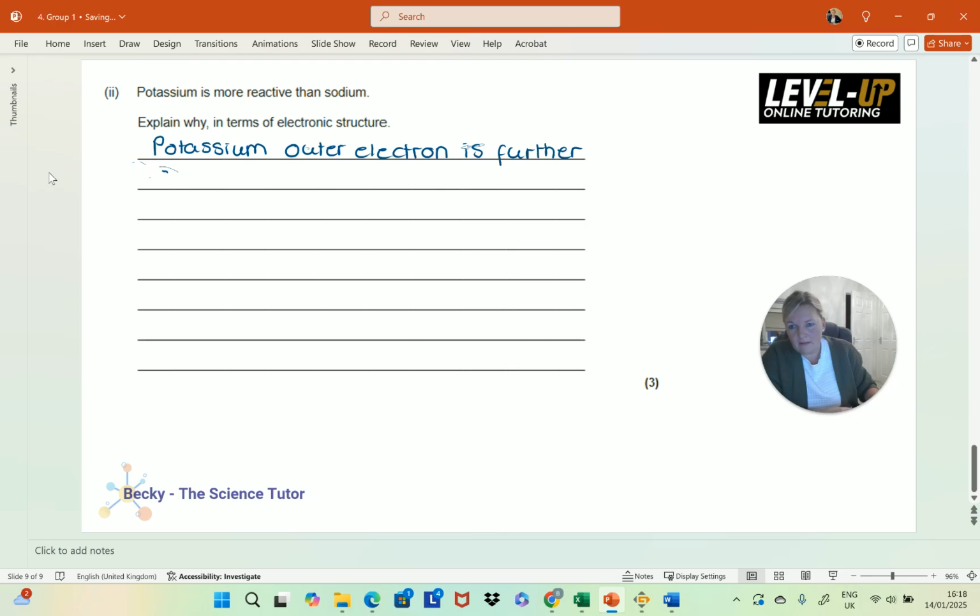So just going to go through the 3 points we talked about earlier. It has more shielding or increased shielding.